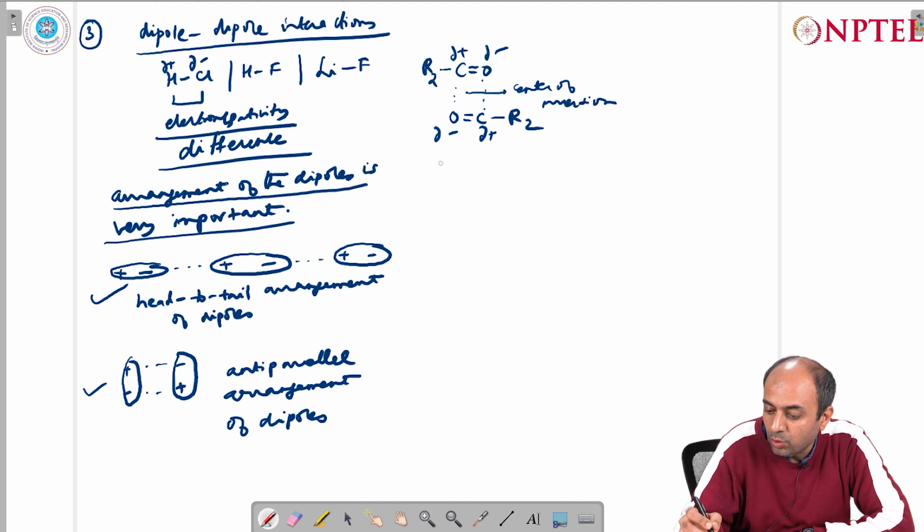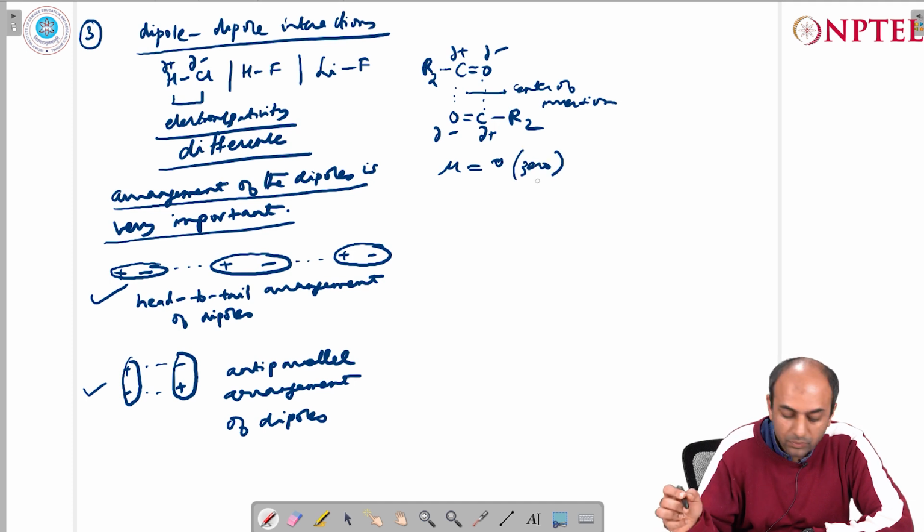So the overall dipole moment is equal to 0 because there is a cancellation of the individual dipole moments. So the overall dipole moment is 0.